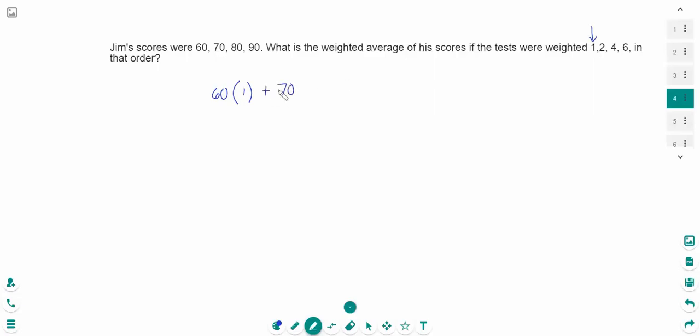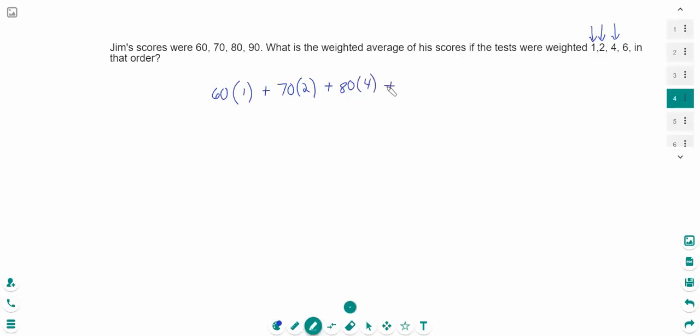Now I could say plus 70 because the weight is 2, so it needs 2 70s. Or I can just say it's 70 times 2, right? Just a faster way of adding. And then I could say plus 80. And what's the weight of 80? Well, the weight of 80 is a 4. And again, instead of writing 4 80s in a row here, we're just going to say 80 times 4 because that's its weight.